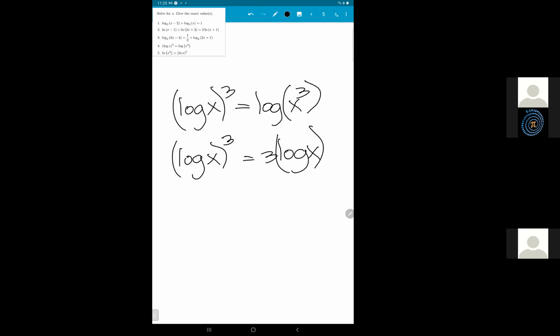And it takes perhaps keen observation to notice that log x is a common expression there, which you can set as your new variable, your dummy variable, to transform the equation into an algebraic one. So if you set u equal to log x, notice it will just become u cubed equals 3u.